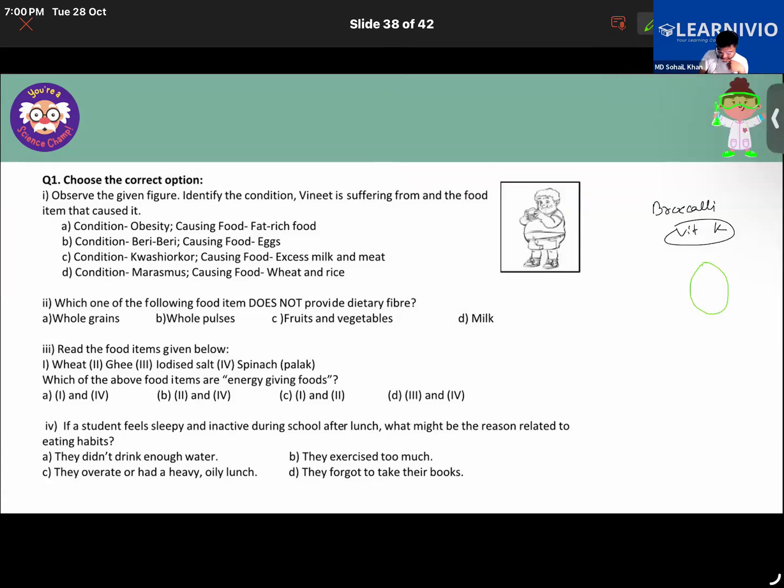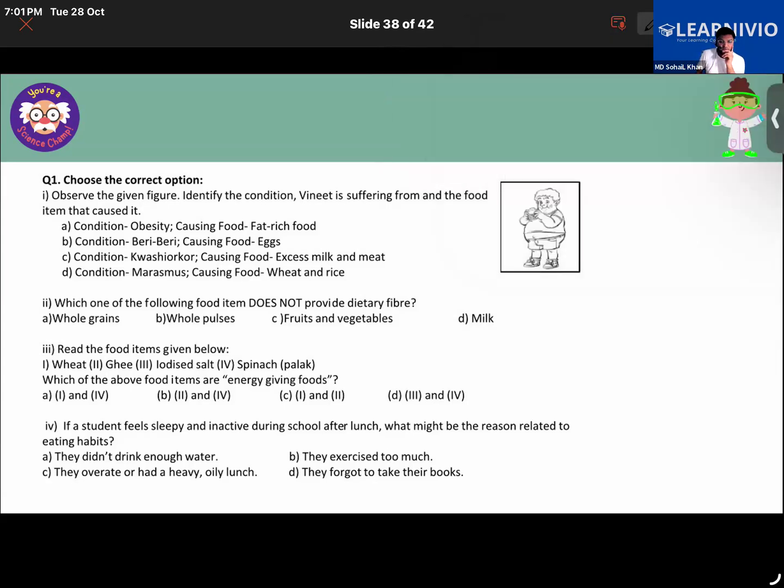I'm forgetting it. One second. Avocado, yeah. Avocado. Cabbage also. Avocado is there. You have cabbage. Very good. So these are good sources of vitamin K actually. Broccoli, avocado, cabbage, etc. Good.